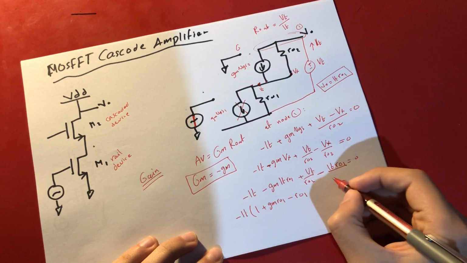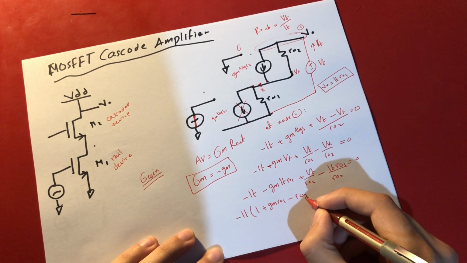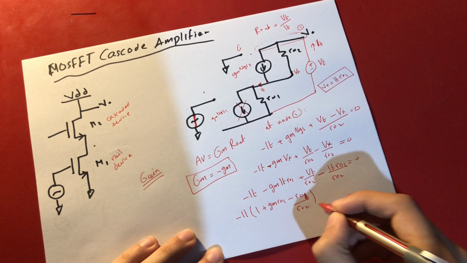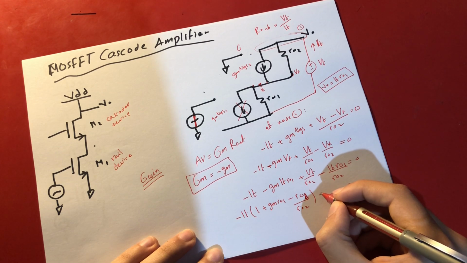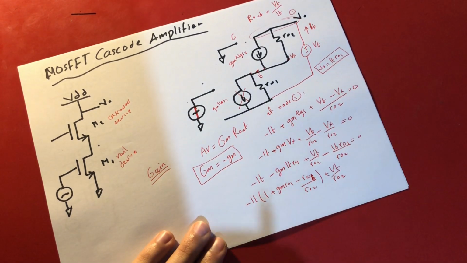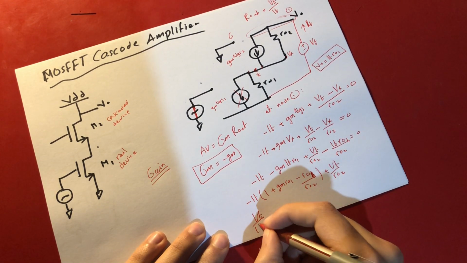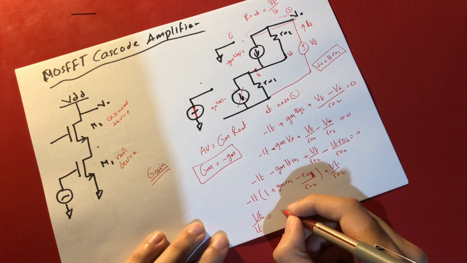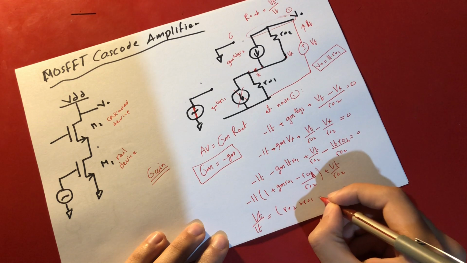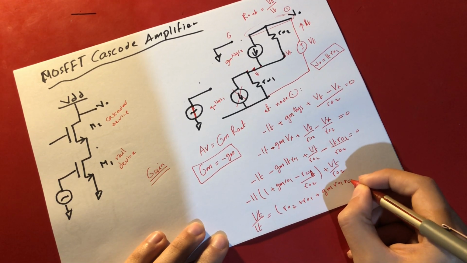Oh yeah, this is RO2. All right. So plus RO2, RO1 divided by RO2. Right. Plus VT over RO2. So VT by IT is nothing but RO2 plus RO1 plus GM RO1 RO2.